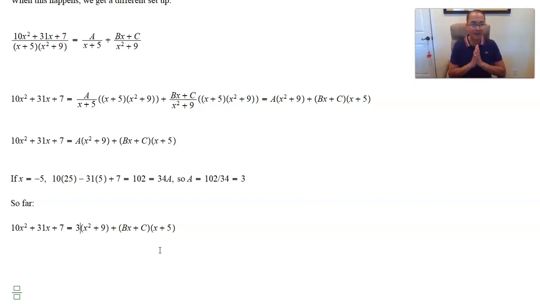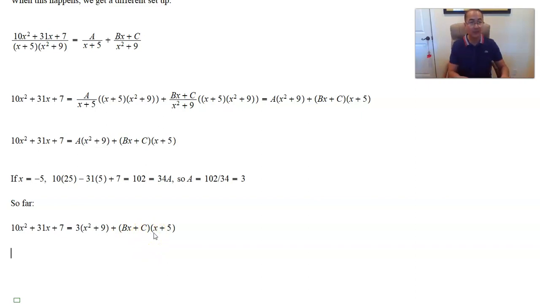However, we have our coefficients, and do we really have to expand? I see a 3x squared here. There's only one x squared here, right? bx times x gives you bx squared.